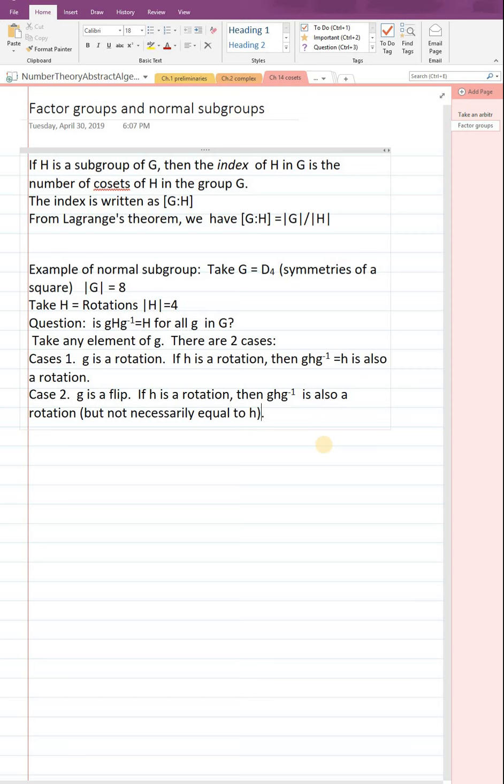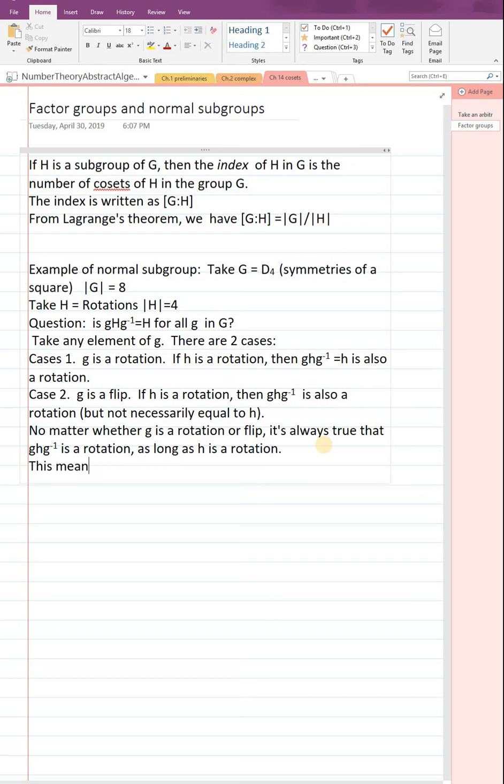So in both cases, no matter whether G is a rotation or flip, it's always true that G H G inverse is a rotation as long as H is a rotation.